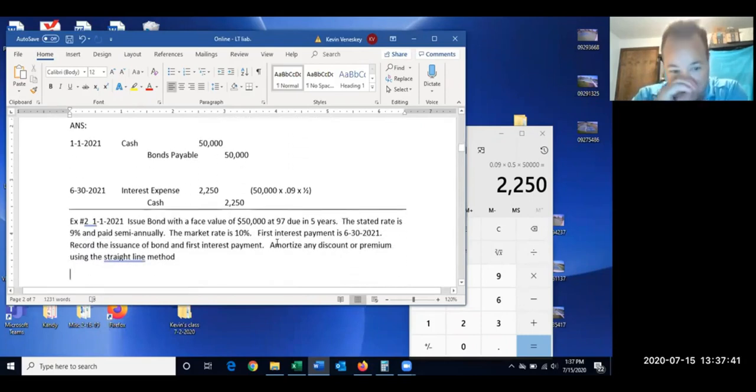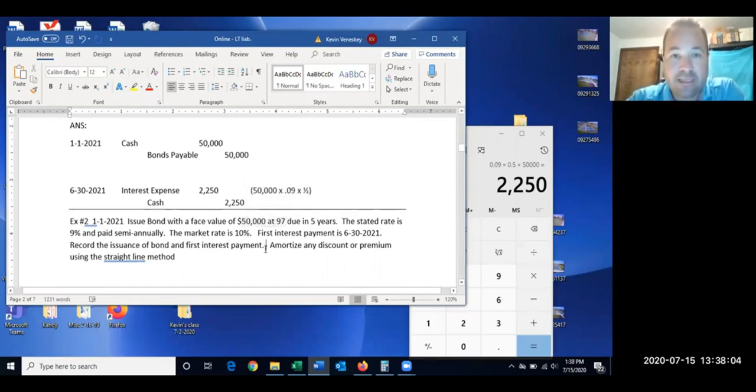Now, this one is just a little bit more detailed because this one tells us that we're not going to issue it at face value. We're going to issue it at 97 instead of full value. So you don't actually have to calculate; you can just do the simple math to figure out what the bond sells for.